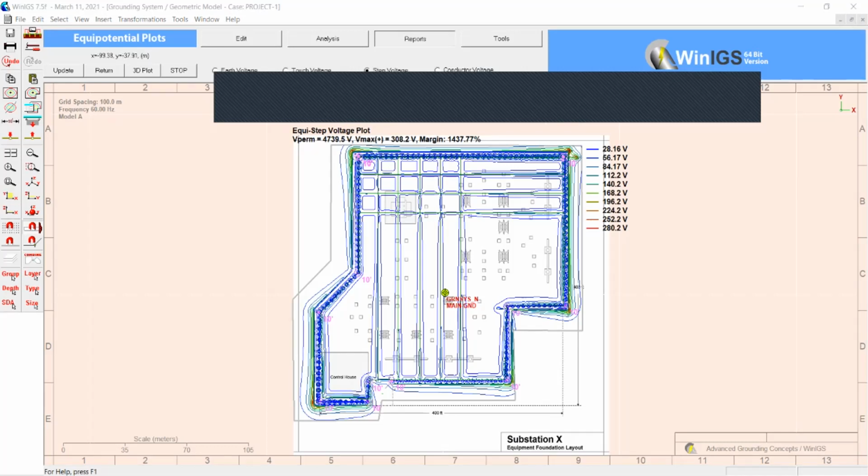If you don't have any question, then we are done with all the labs and the modeling also. This touch and step voltage, if you compare with the measured touch and step voltage, there is a huge difference. But in a real project, they are very close. They are almost the same.